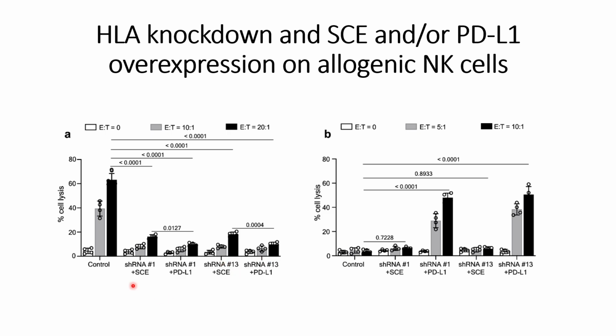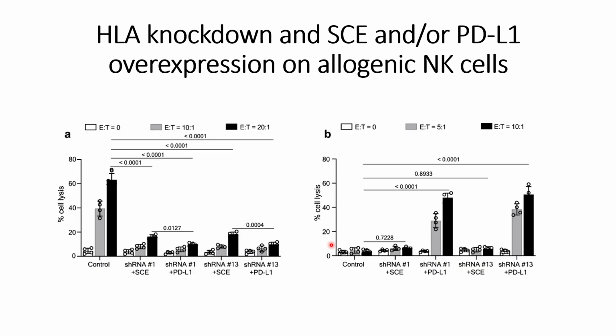It can be seen for shRNA1 and shRNA3. So this result indicates that the immunogenic effect from CD8 plus T cells can be suppressed just by HLA knockdown.